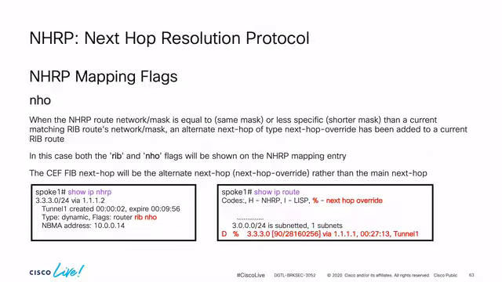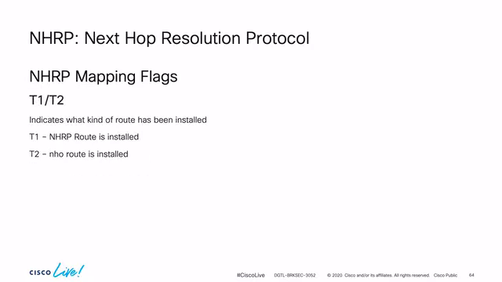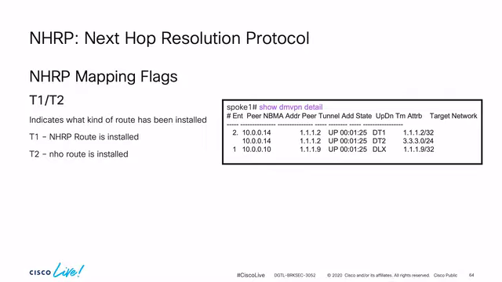We have this last set of mapping flags, which are the T1 and T2. Basically, if you were to look at show DMVPN detail, we did see the state as DT1, DT2, and DLX. So what do DT1 and DT2 indicate? Basically, it indicates what kind of route has got installed.